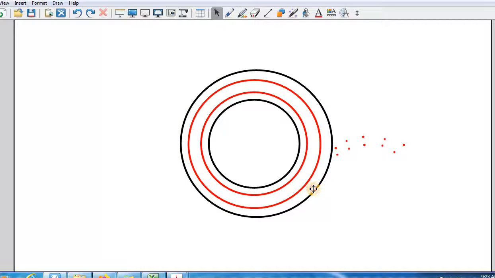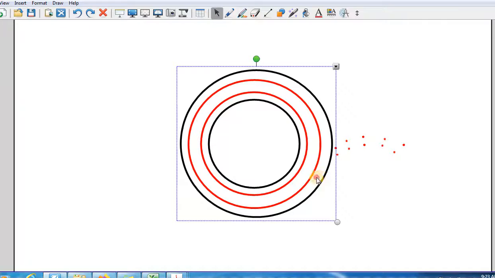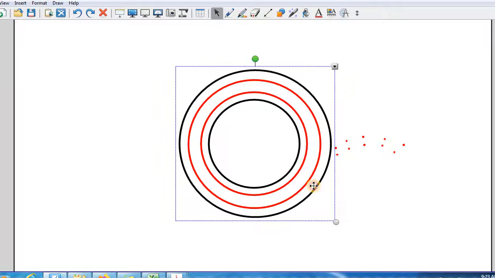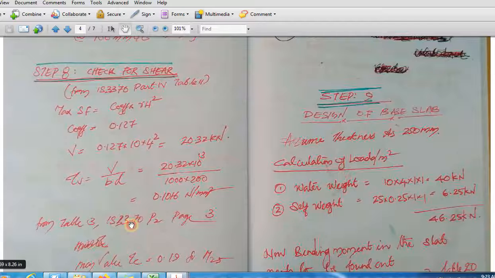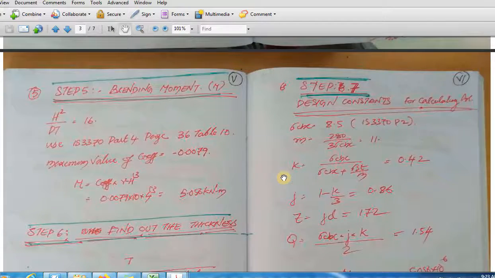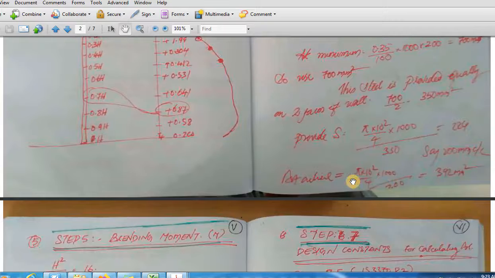Like this. Okay, this is your tank, this is your hoop reinforcement for taking tension. So you would have calculated, no, whatever we have calculated for tension, we have calculated Ast. What is the Ast for tension? Yeah, how much we calculated?